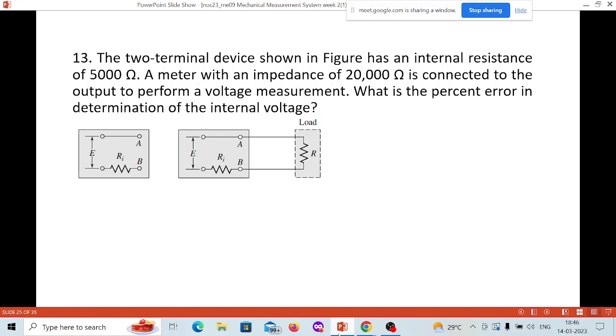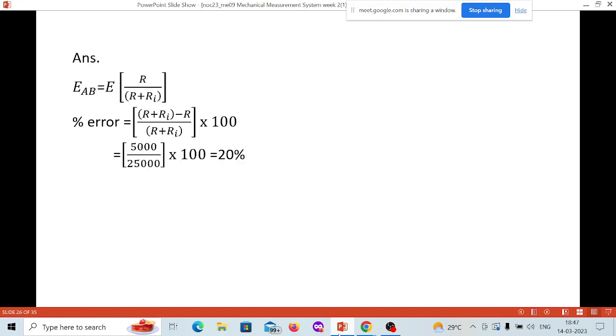So we have an impedance of 20,000 ohms which is connected. The load of 20,000 ohms is connected to the output to perform a voltage measurement. You have to find the voltage across AB. So what is the percentage error in determination of the internal voltage? Because of this internal resistance, what could be the error in the voltage measurement? That's what we've been asked.